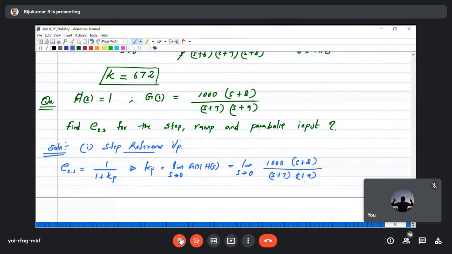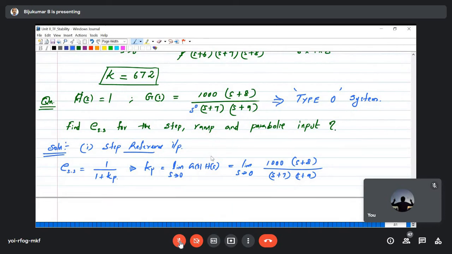So the given system is type 1 system, right? Or type 0. Type 0, yes, it's a type 0 system. So for some types you can directly write the answer. If it is infinity, you can directly write infinity. If it is 0, also directly you can write. If it is a finite value, you have to calculate it, right?